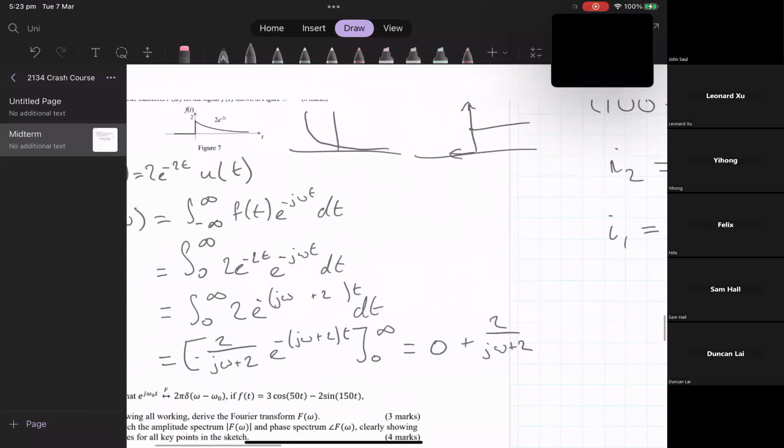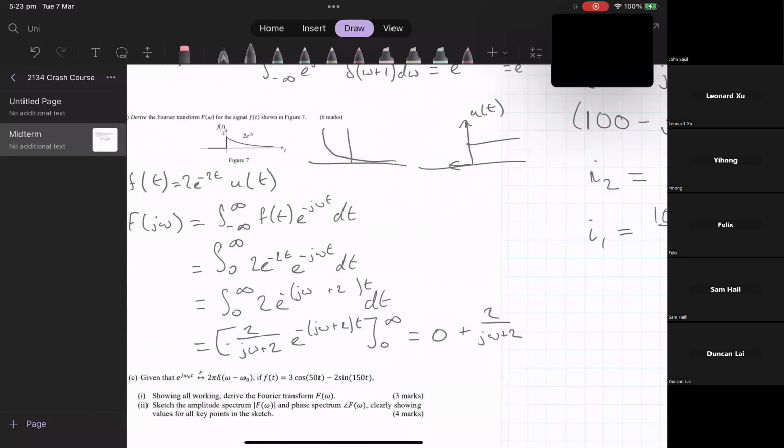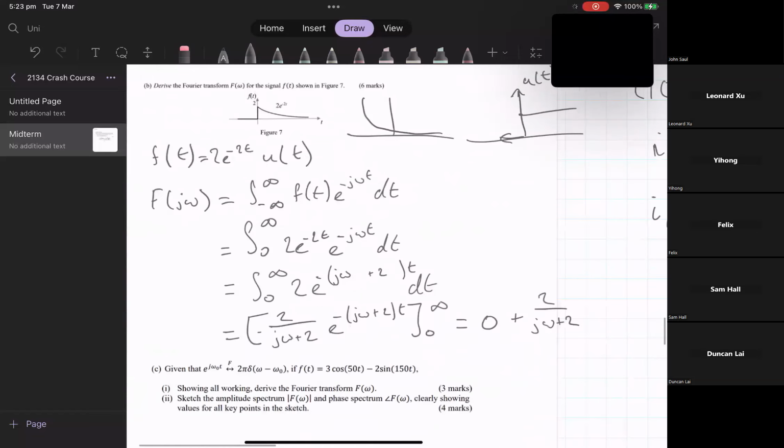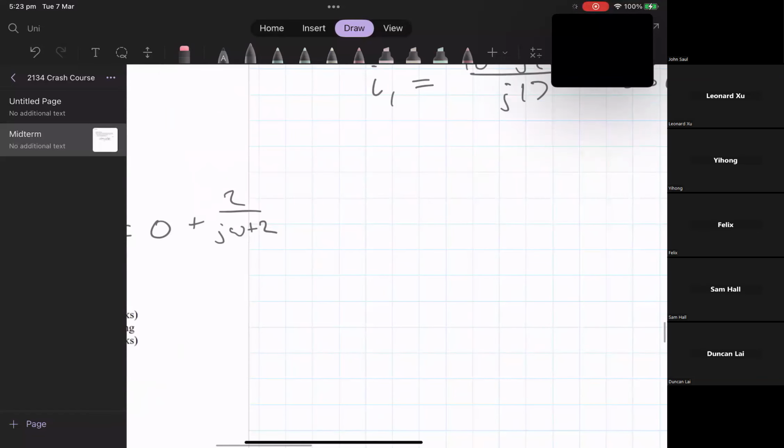This is what you will see in the formula sheet. You will see the f of t of an exponential, so I'll write that here.